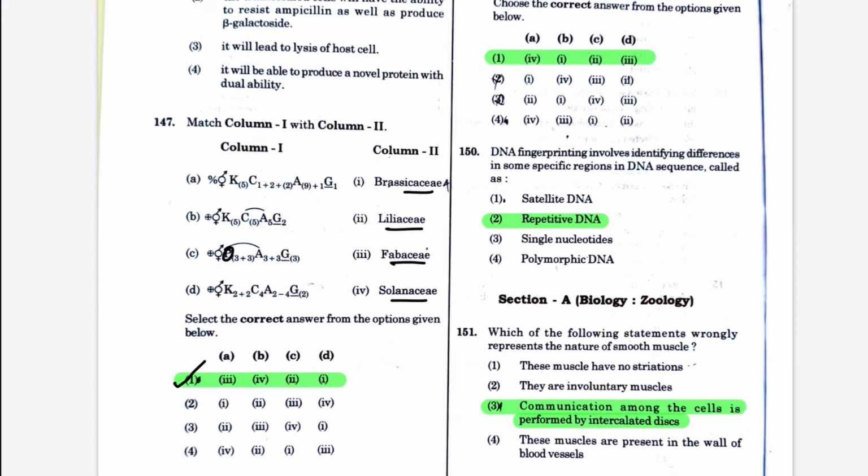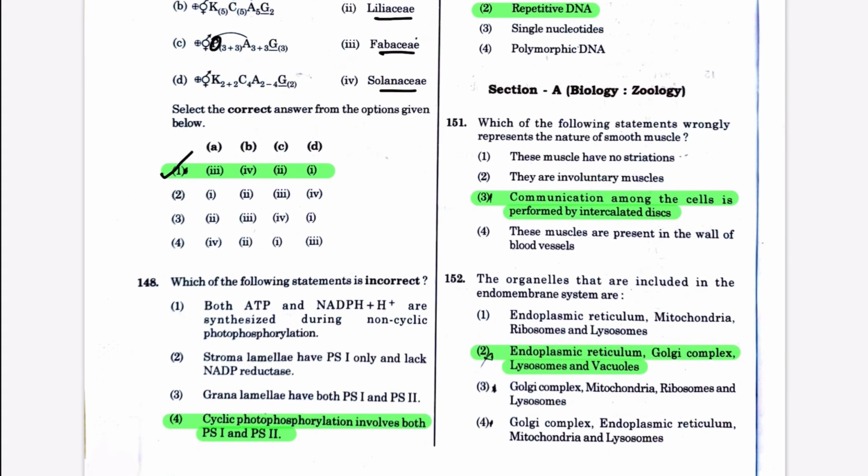Okay, right. So 148: which of the following statements is incorrect? Both ATP and NADPH2 are synthesized during non-cyclic photophosphorylation. Yes, obviously, in non-cyclic photophosphorylation both photosystem 2 and 1 would be involved and both ATP and NADPH2 would be formed. This is right. Stromal lamellae will have PS1 only and will lack NADP reductase.